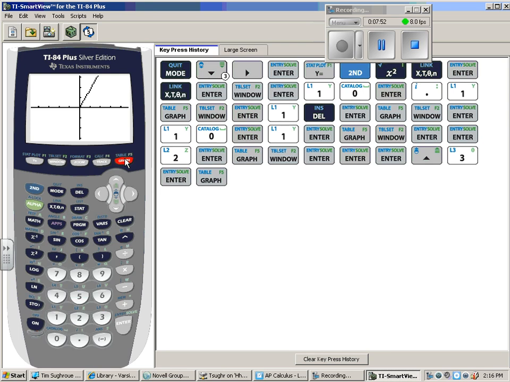The problem is that it's looking at when time equals 0 and it's plotting the point 0, 0. Then the next time that it's looking at is 3 time units later. It's way out here off the screen and it's only connecting those two dots.